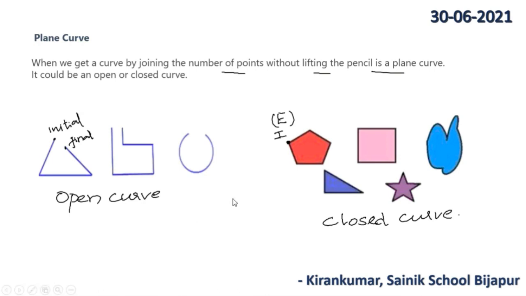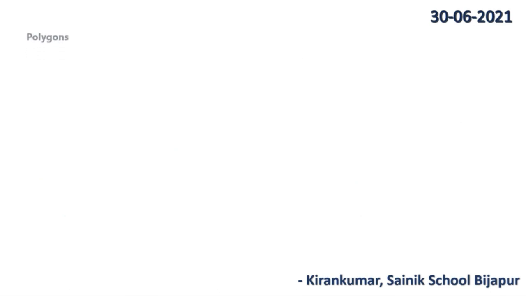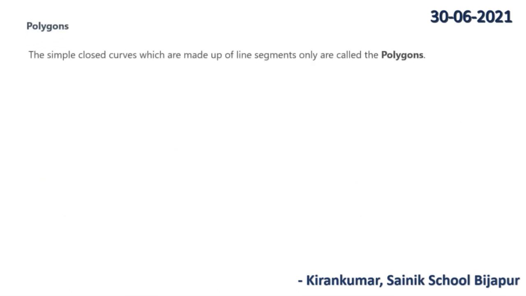Here you can observe in the closed curves, few of them have line segments, and one of the figures has a curve. These type of figures wherein the line segments are present are called polygons. The simple closed curves which are made up of line segments only are called polygons.